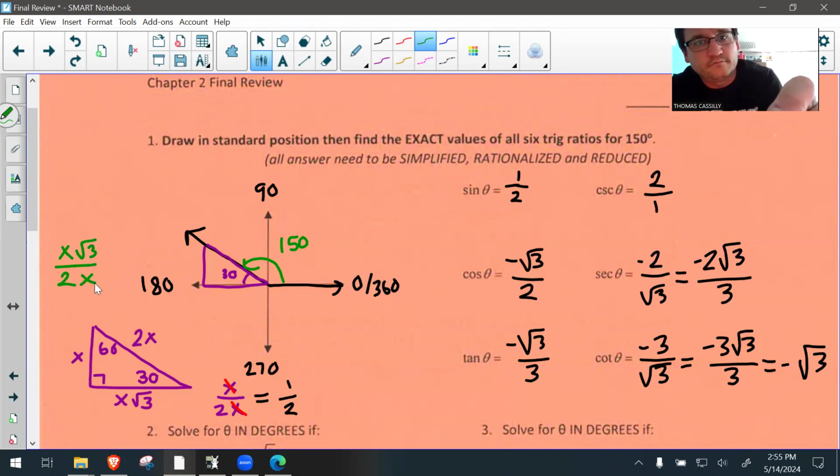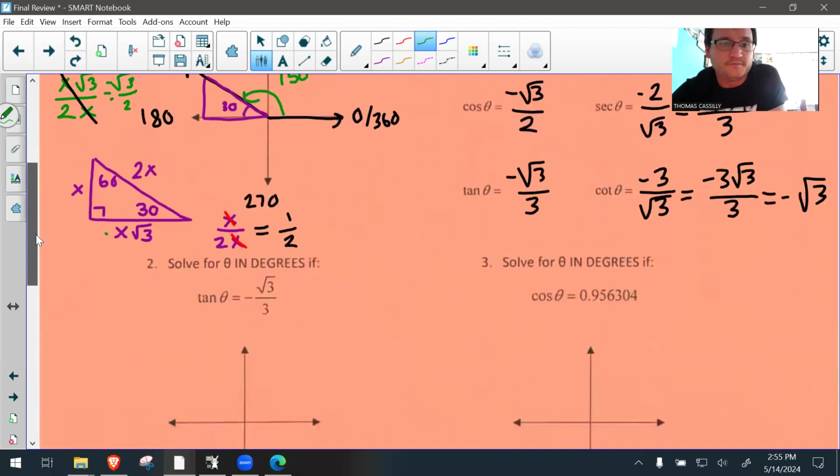And again, the x's cancel out. So you're just left with square root of 3 over 2, which is the cosine value. And that should have been a negative on that one because this is going in the negative direction. So this is where the positives and negatives do matter. All right, but anyways, enough about that. This is very much unit circle kind of stuff.